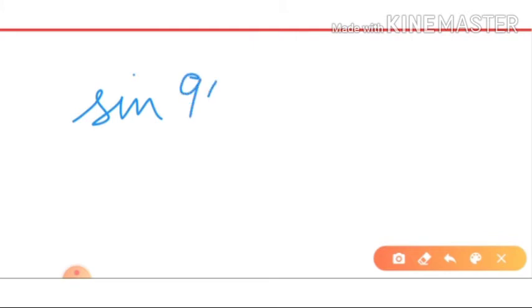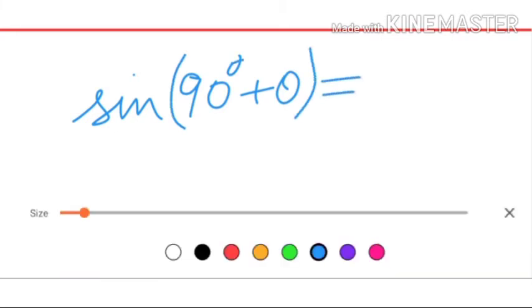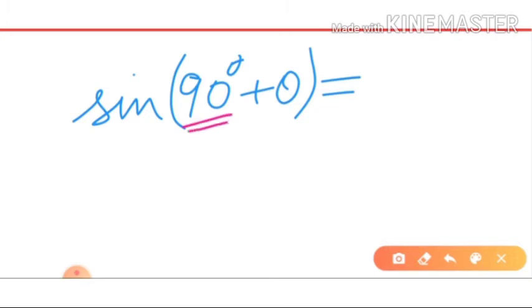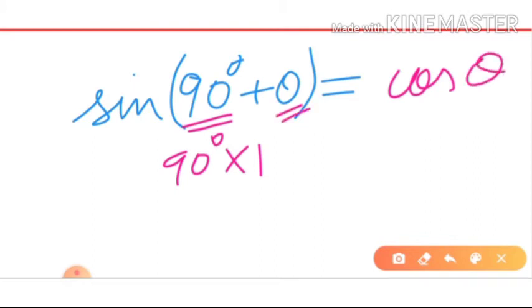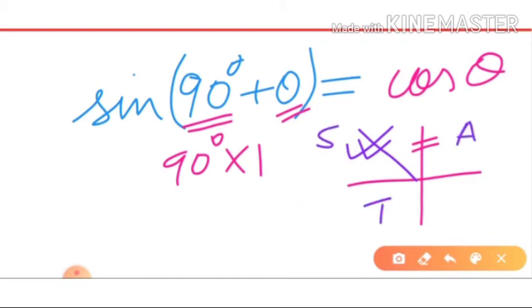Then if you take sine of 90 plus theta, this is 90 into 1, an odd multiple, so it will change to cos. Theta will remain theta, the same angle. And 90 degree plus theta will fall in the second quadrant, and by ASTC we know the second quadrant sign is positive.